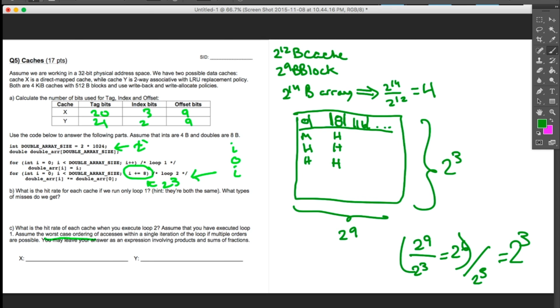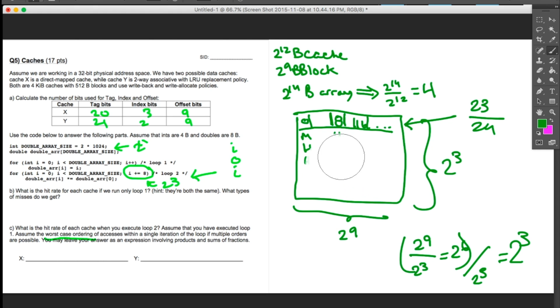And how many memory accesses are being performed for each element access? We have 3 memory operations. So for one block, there are 24 total memory accesses. Based on the pattern we're observing for this first block, we have 1 miss and 23 hits. So our hit rate for that first block is 23 out of 24.